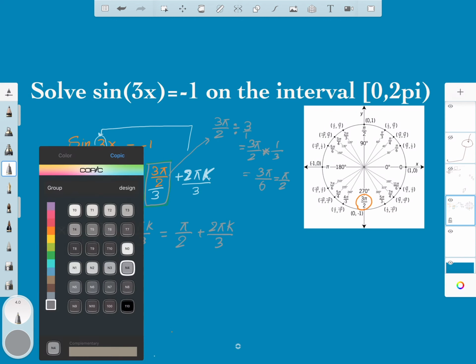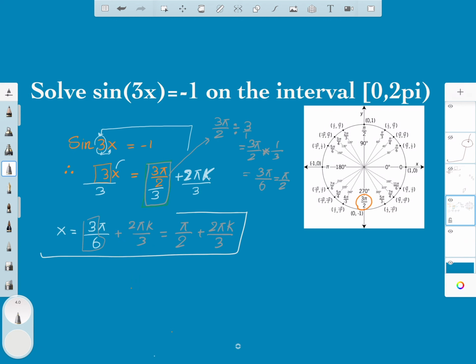So this gives us all the set of solutions for different values of k. This k is 0, 1, 2, 3, 4, 5, and on. Because they ask us to solve x between 2 pi and 0, that means only one revolution.